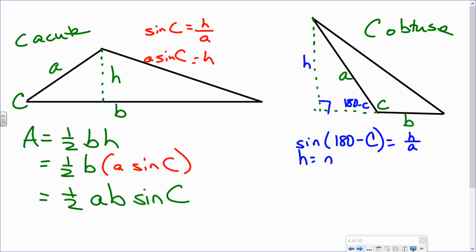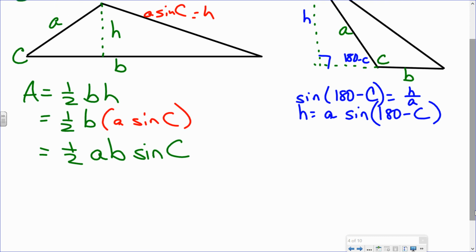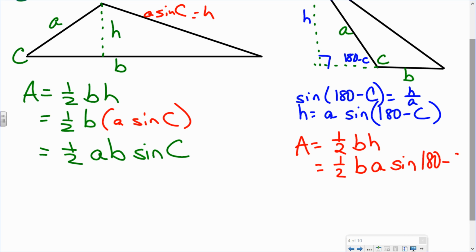So h is a times the sine of 180 minus C. So if area is 1/2 base times height, that means I have 1/2 base times a times the sine of 180 minus C. I want the same formula. It would sure be nice to have. I've got no problem switching the A and the B around.